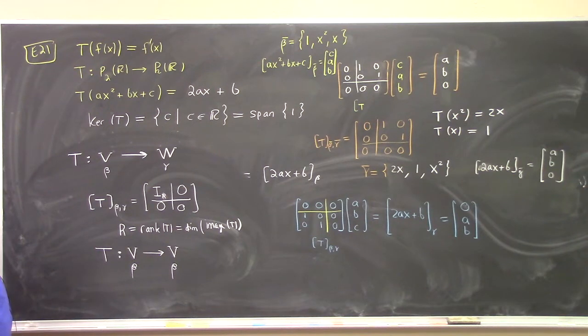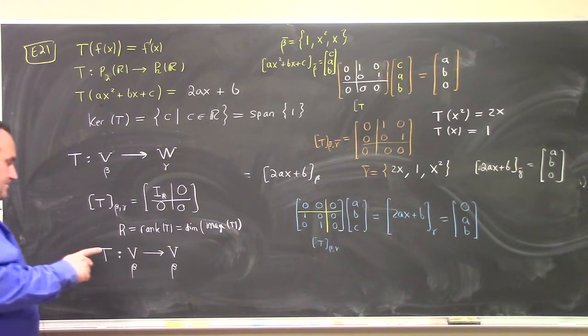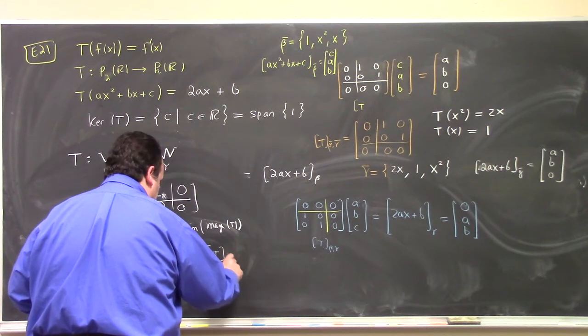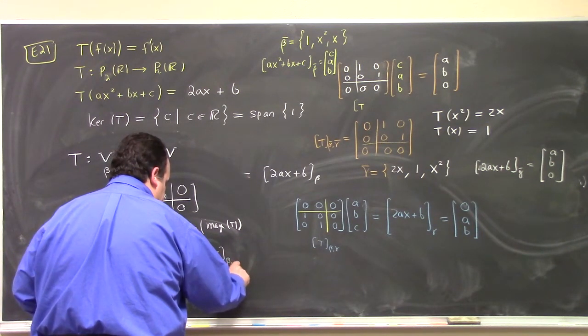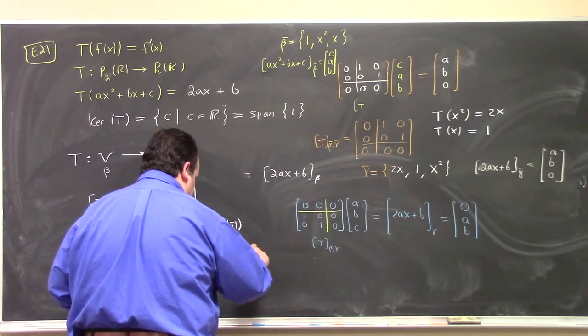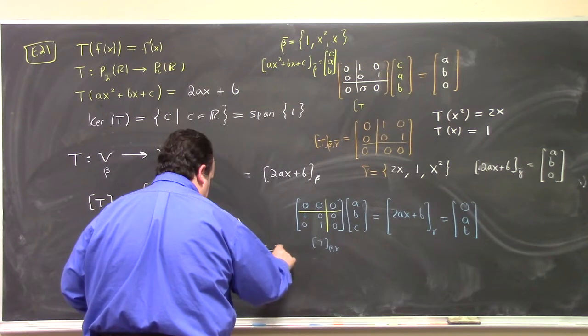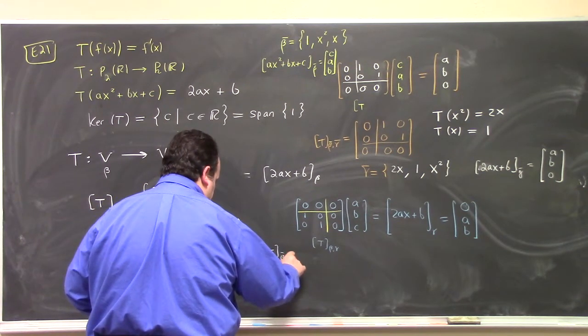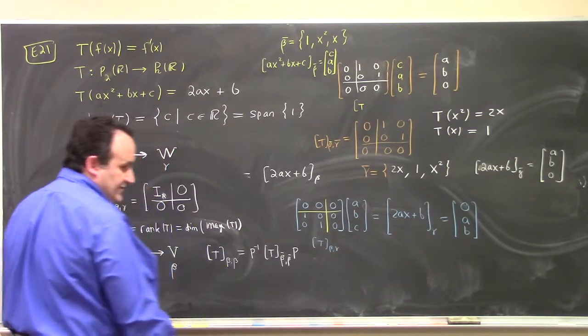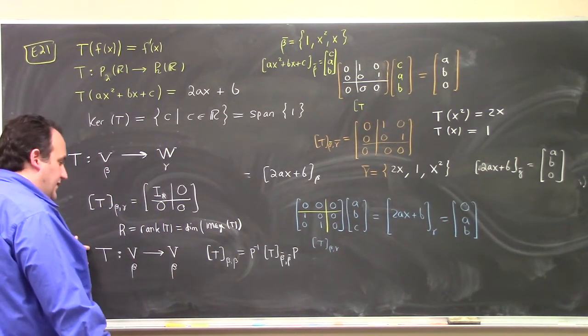It turns out that for that to be possible, they have to be related by a similarity transformation. Because if you change coordinates on the matrix of such a thing, if you use beta, and you look at it with respect to another basis, beta bar, you end up with something like this: P inverse T P. So this is a similarity transformation.